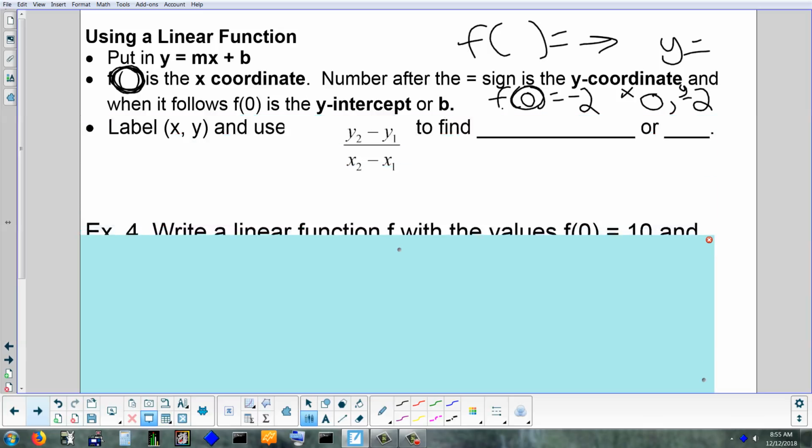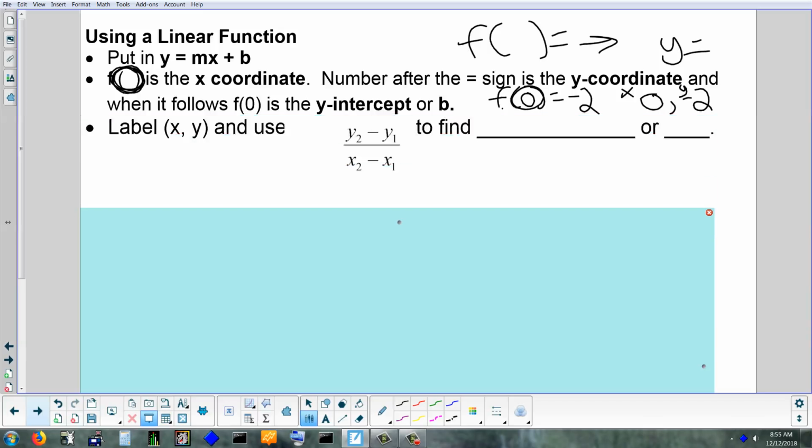Same as we did last time, we'll label the x and y's: x1, y1, x2, y2. Use the slope formula to find slope, or m.